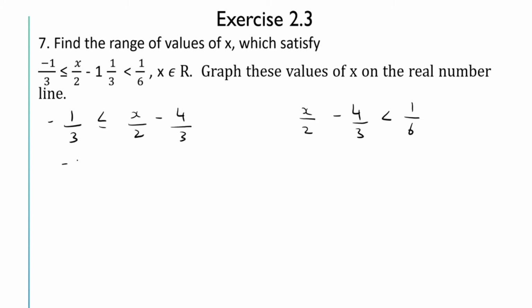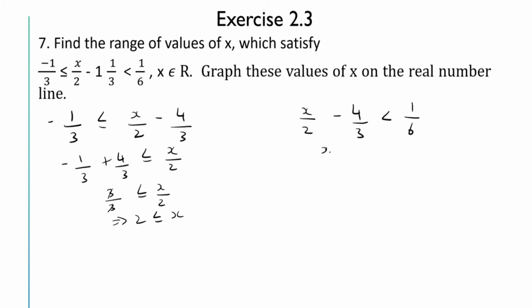So this is minus 1 by 3 plus 4 by 3 less than or equal to x by 2. Here 3 is the LCM, so 4 minus 1 is 3. So we have 3 by 3 less than or equal to x by 2, or 2 less than or equal to x.